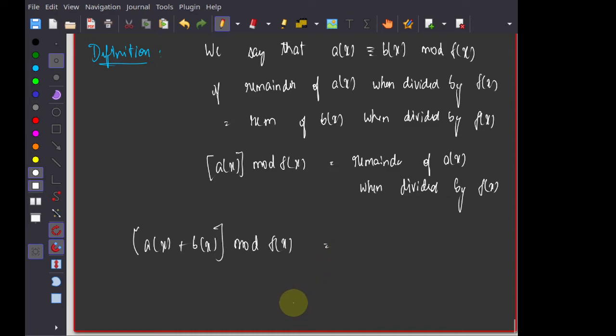Again, that's not enough. Sometimes it's a of x mod f of x plus b of x mod f of x, the whole thing mod f of x, in general. If, for example, you take integers, a mod f plus b mod f could be greater than f, because the remainders could add up.